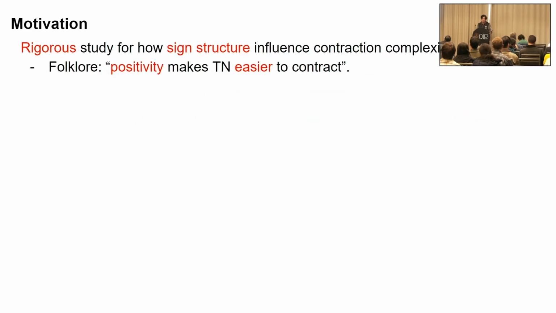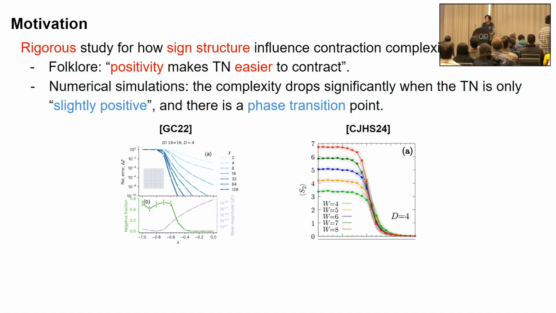The motivation for studying this question is to answer rigorously a folklore statement, which is that positivity can make tensor networks easier to contract. More specifically, there have been numerical observations that the complexity drops significantly when the tensor network is only slightly positive. And there's a phase transition in terms of entanglement versus non-positiveness.